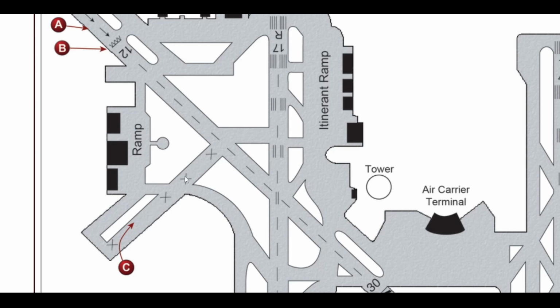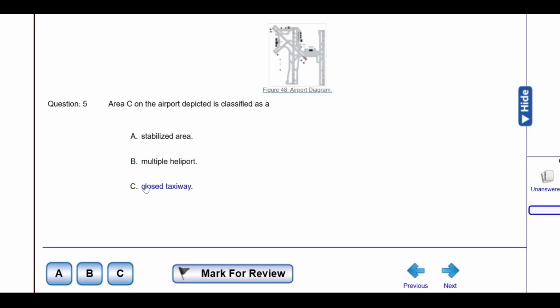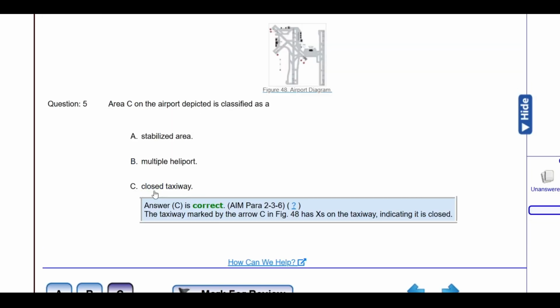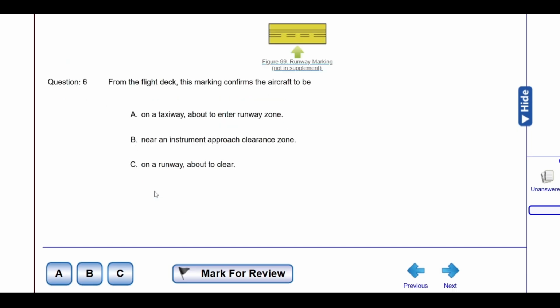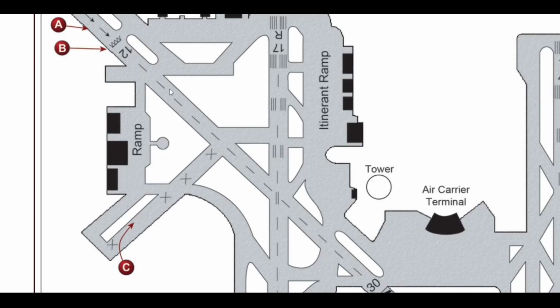So you're not allowed to enter your aircraft within this area. So the answer would be C, a closed taxiway. And if this was a closed runway, what we would see is two X's at the beginning and at the end.